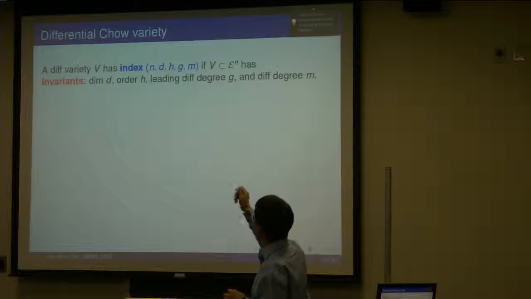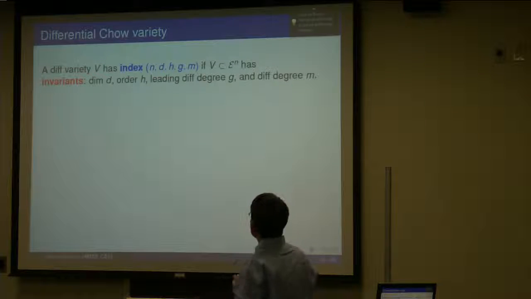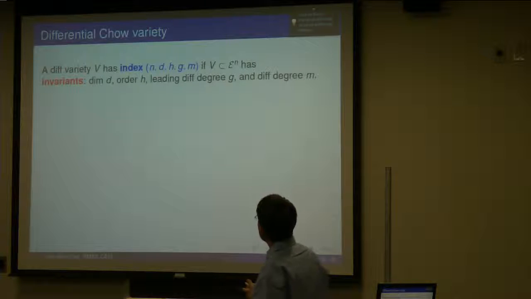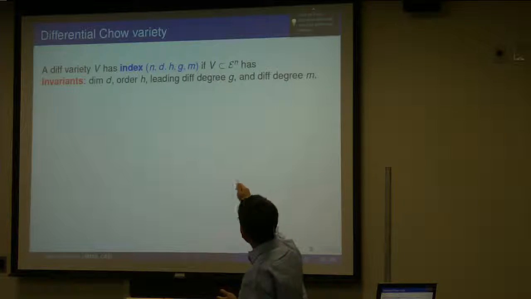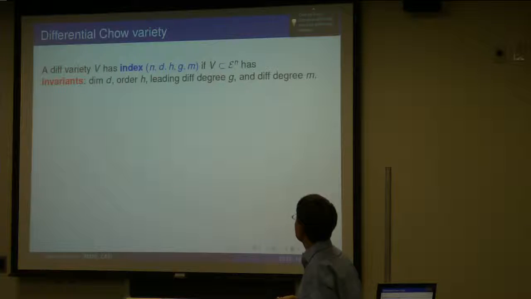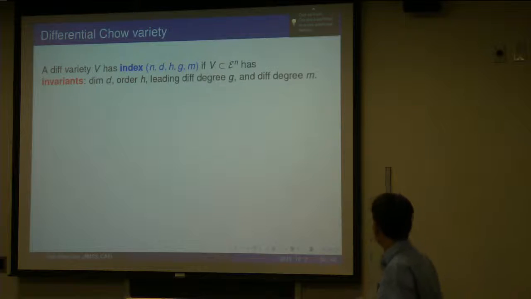These are all invariants. D is the dimension. Of course, this is a birational invariant. Order h is also a birational invariant. Maybe not, I don't know. I forgot. The leading degree t, and then m is the total differential degree. We have four invariants: dimension, order, leading degree, and degree.